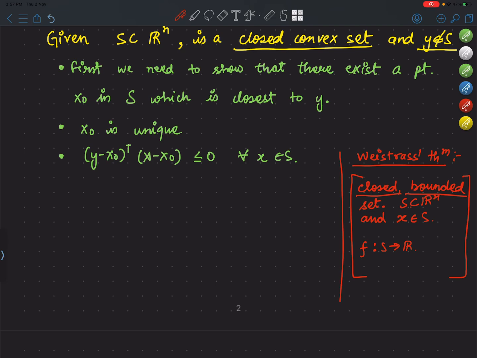Now how can we use this in proving this theorem? Let delta be equal to the infimum over x belonging to S of the norm of x minus y. For all x in S, we can define a function delta which is the infimum of x minus y, where y is that external point.